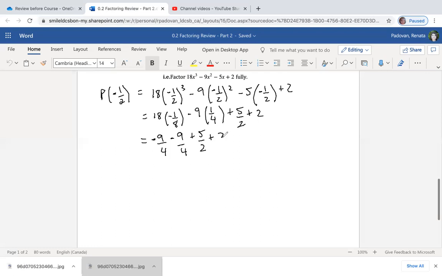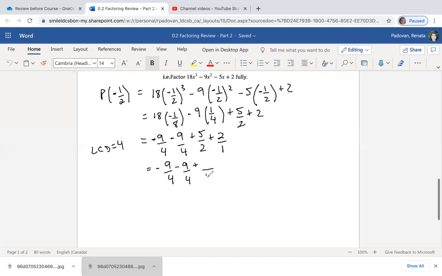plus 2 over 1. Now, in order to add and subtract these fractions, because I don't really know right now if this is going to be 0 or not, let's get an LCD of 4. Change everything to 4. So negative 9 over 4, negative 9 over 4.